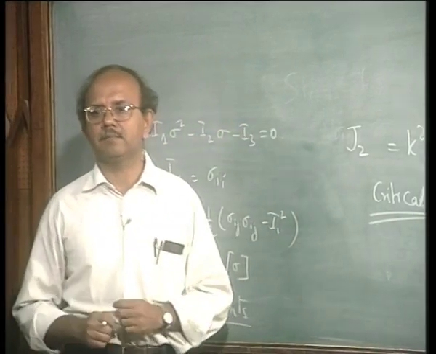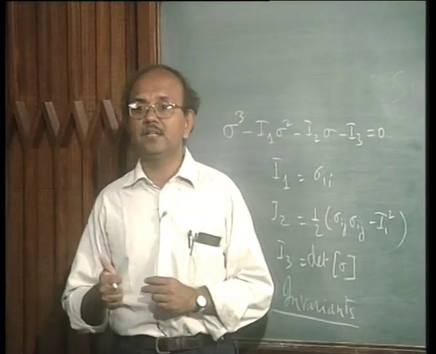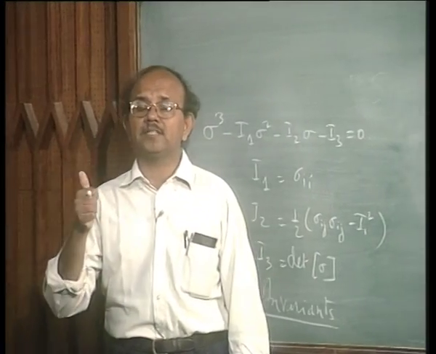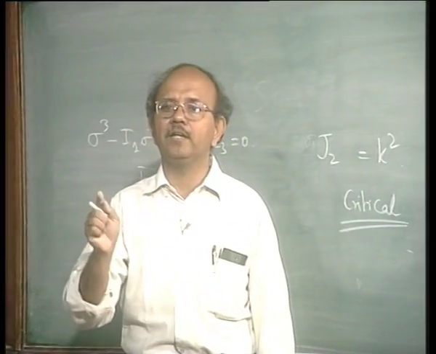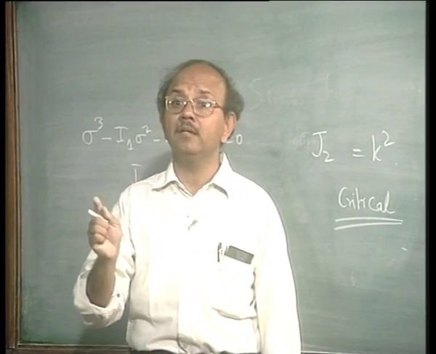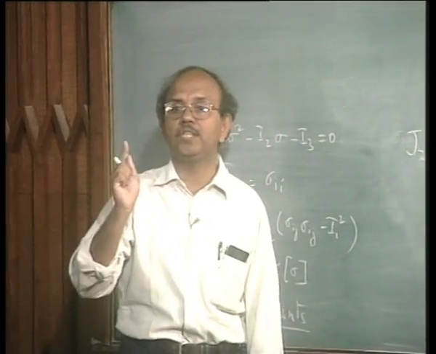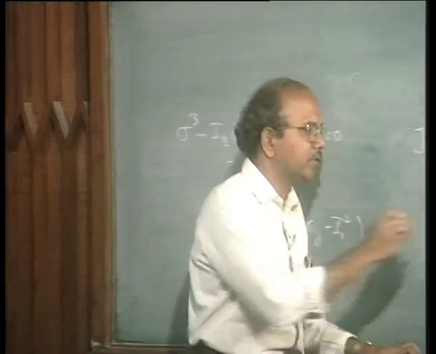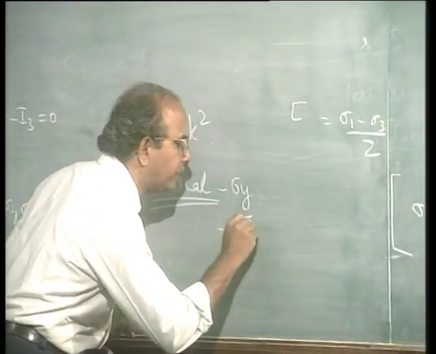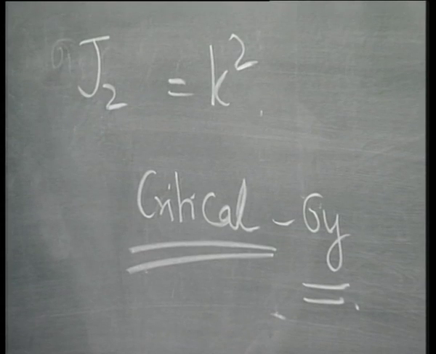That is in my hands. So the critical value, as far as I am concerned, should point to the yielding of the material, or should be related to my sigma y, which I can see, monitor, measure or whatever it is. So the critical value should depend upon sigma y.